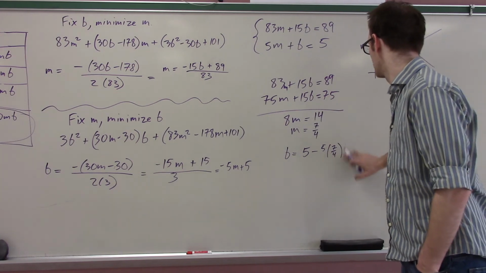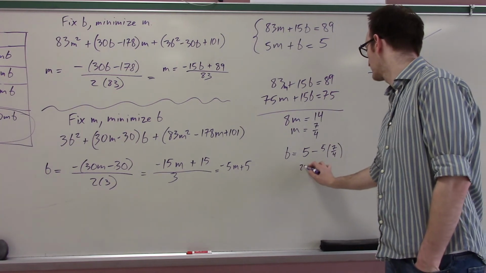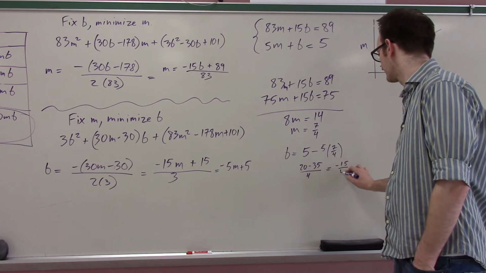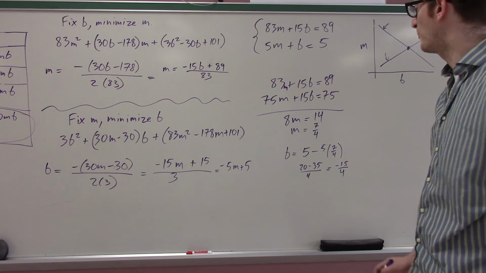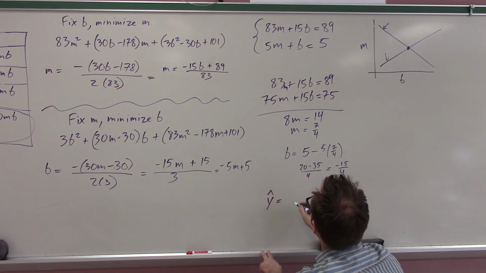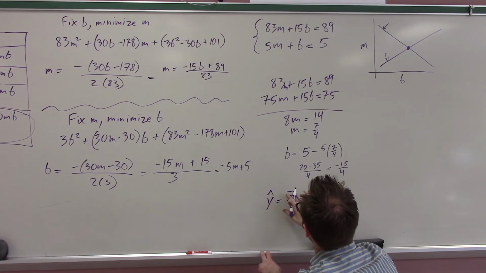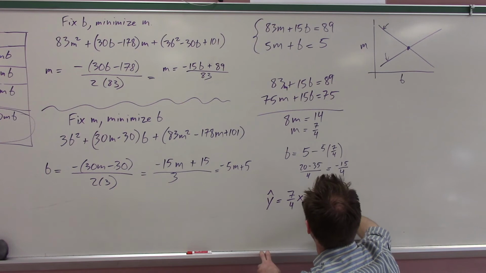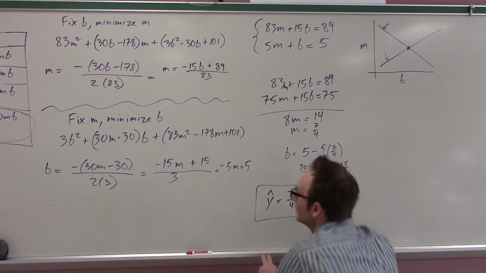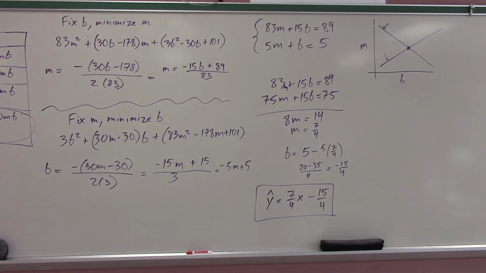So that's like 20 minus 35/4, negative 15/4. Okay, therefore all this work predicts that the y-hat model is 7/4 x minus 15/4. That this is the absolute line of best fit for this data.